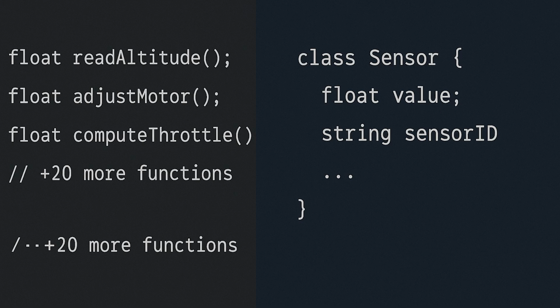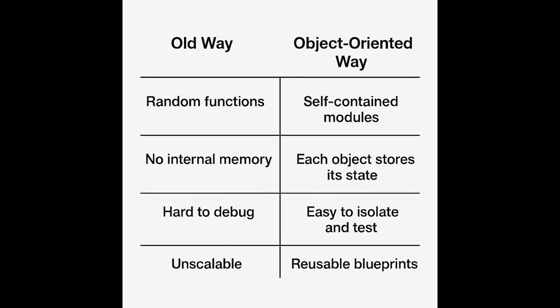Without objects, everything is global, floating, scattered. Each new feature adds more mess, more risk, and even more bugs. But with objects, every part of your system is modular, contained, and self-aware. Okay. With procedural code, your system never remembers anything. It just reacts like reflexes, no memory, no brain. But with objects, your modules think.